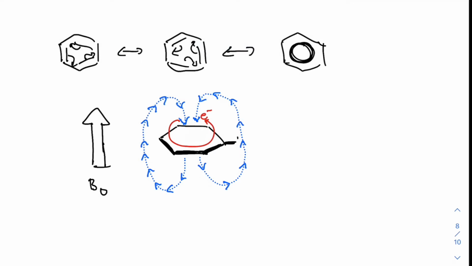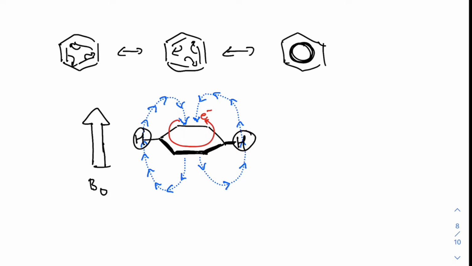Now, what we want to point out is that if we have a hydrogen sticking out here or sticking out here, that hydrogen is experiencing that induced magnetic field. The way I've drawn it, they're all up in that induced magnetic field, right?